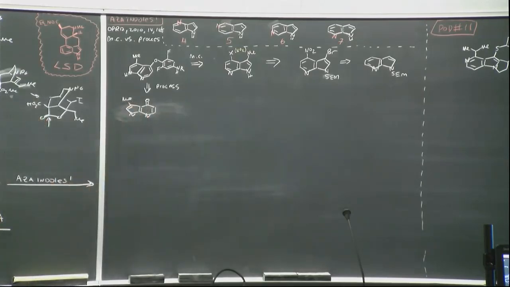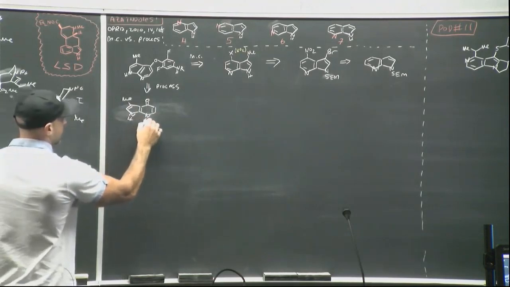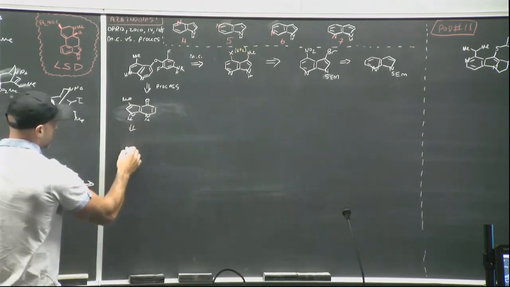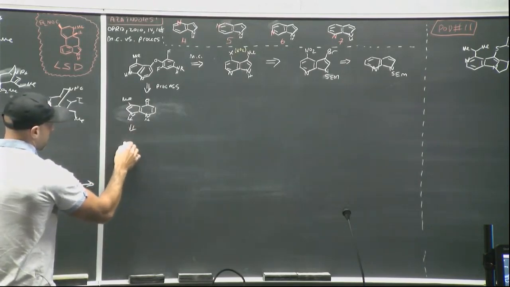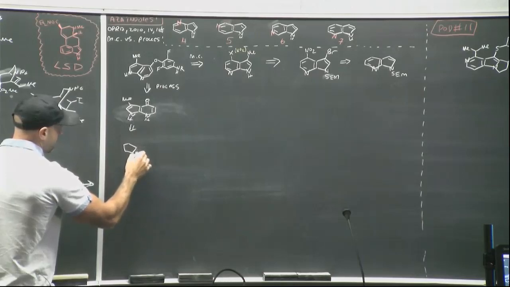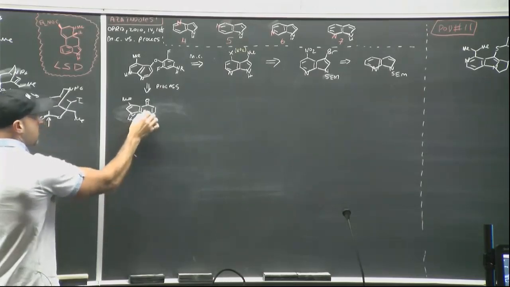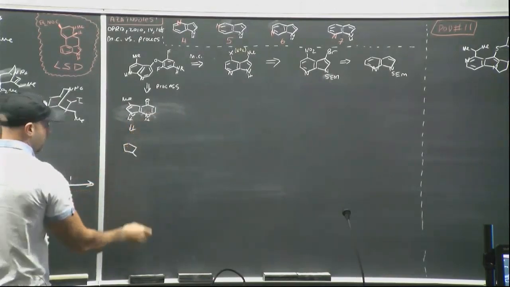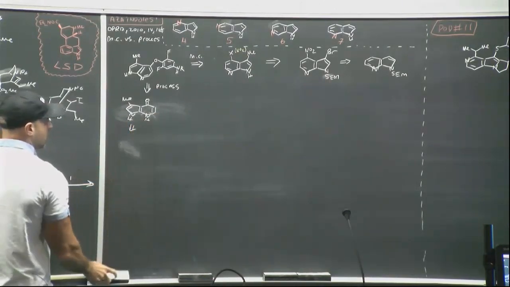How do you want to make that? Aza-Michael, and then addition into... I'm going to break which bond? This one or this one? No, the other way. So okay, yeah, I see what you're saying.